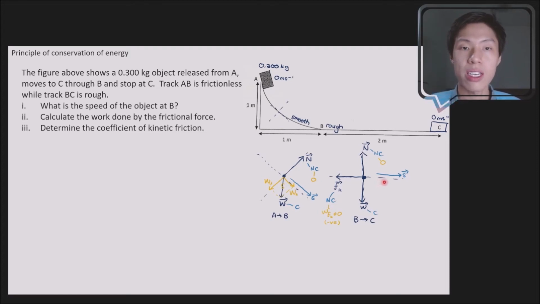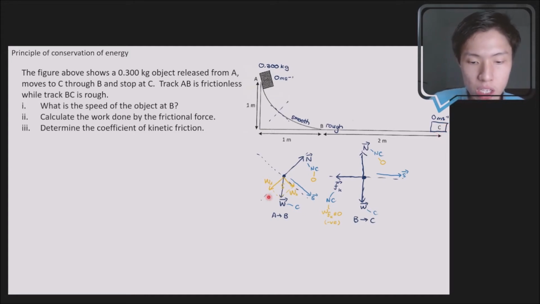If the total work done is negative, you should expect the change of kinetic energy to be negative for the journey from B to C. And since the change in kinetic energy is negative, you should expect the speed to experience a negative change, or decrease. The speed will decrease for the journey from B to C. So the journey from A to B will see an increase in speed, whereas the journey from B to C will see a decrease of speed until it comes to a stop at point C.